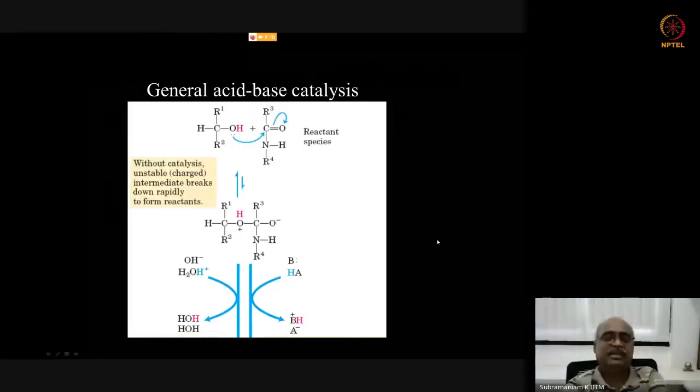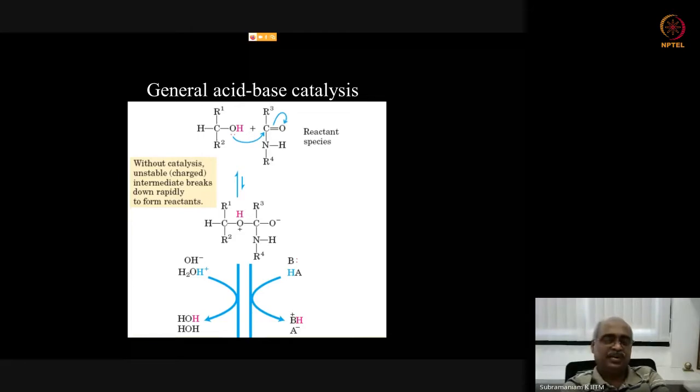So let us take acid-base catalysis. Acid-base catalysis means for a reaction to happen, temporarily a proton needs to be abstracted, and if the intermediate with the resulting charge is unstable, and it is going to readily break down back into substrate, then the reaction is not going to happen. But on the other hand, if someone can hold on to that proton, or someone can balance the charge in the intermediate, then the intermediate will become stable and it could go towards the product.